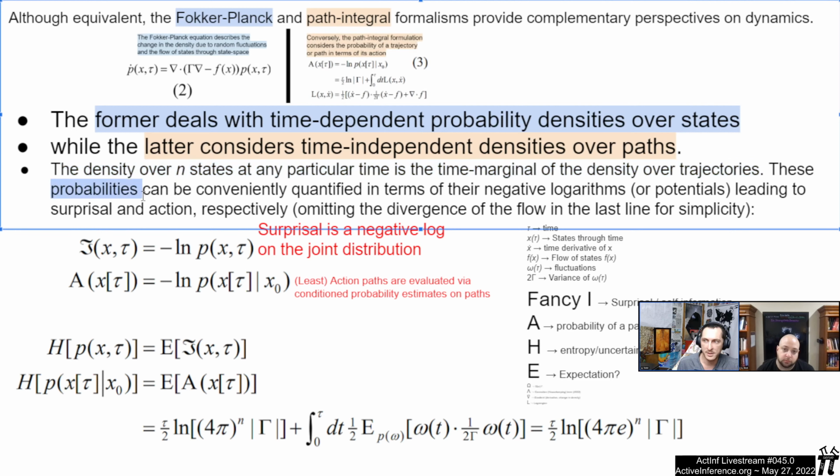These probabilities, Bayesian statistics, can be conveniently quantified in terms of their negative logarithms or potentials, leading to surprisal and action, respectively.